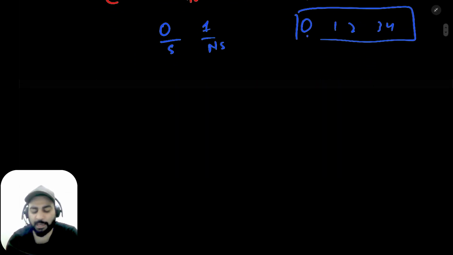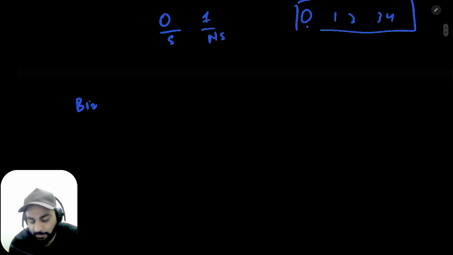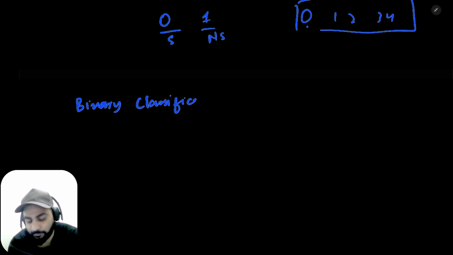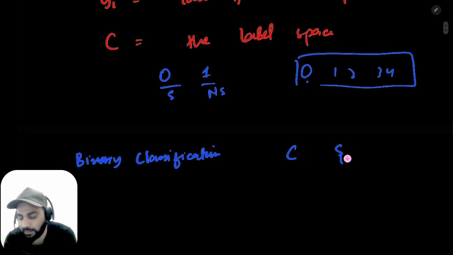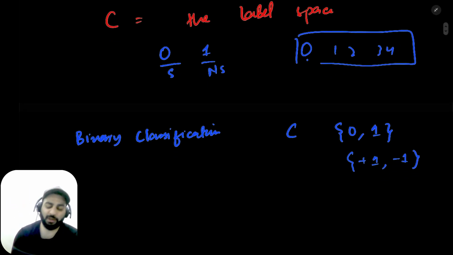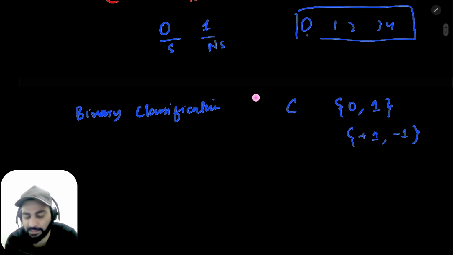Okay. Then what's the difference in the binary classification problem? In binary classification, this C can take only 2 values. This C basically takes values either 0 or 1, or sometimes we'll write +1 or -1 also. Or sometimes 1 or 2, howsoever you want to do it. So this label space can only take 2 values. This is binary classification.